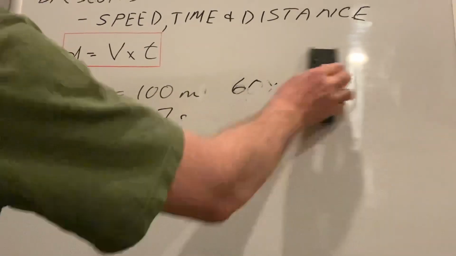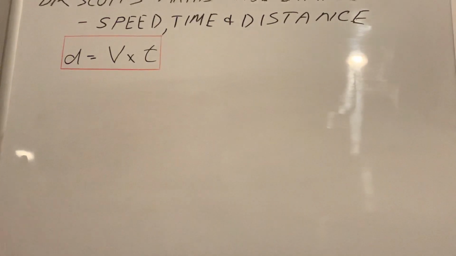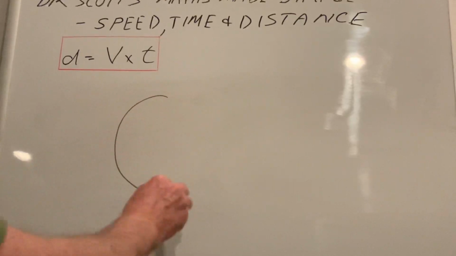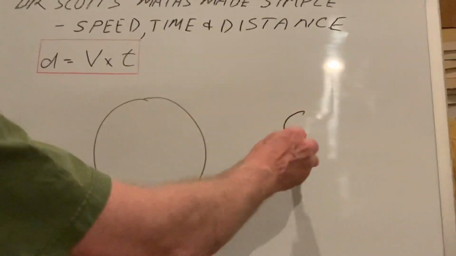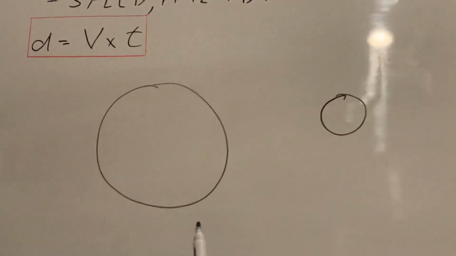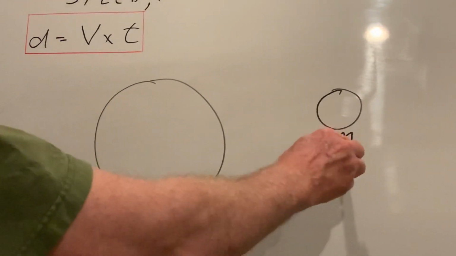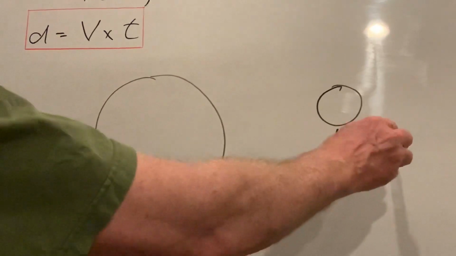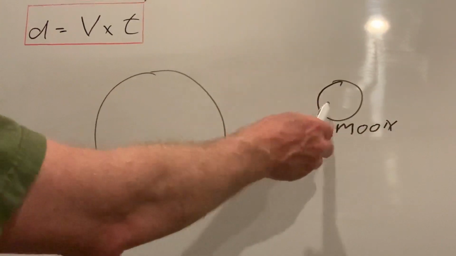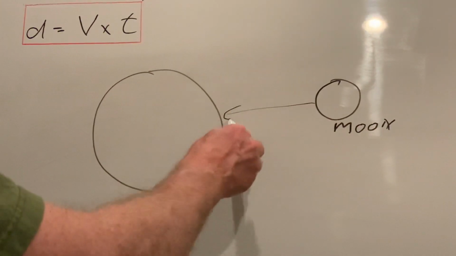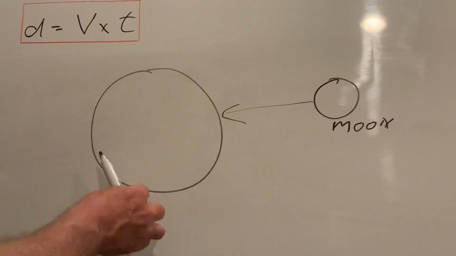I'll tell you something I always find amusing. We have the Earth and we have the Moon. No one can adequately explain to me how the Moon got there. Because the Moon is comparable to the mass or the size of the Earth.